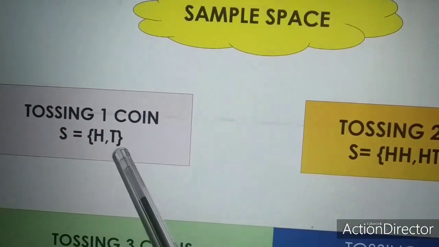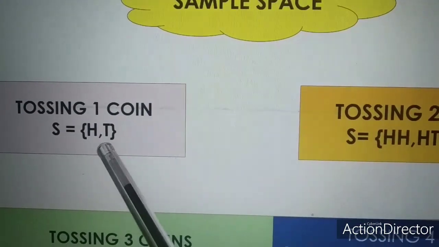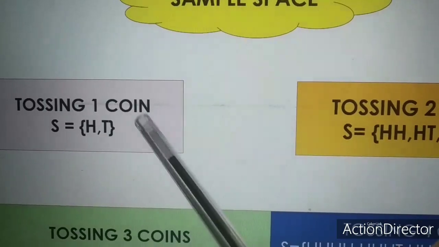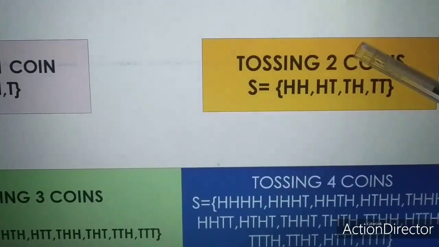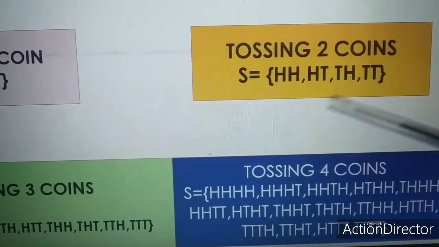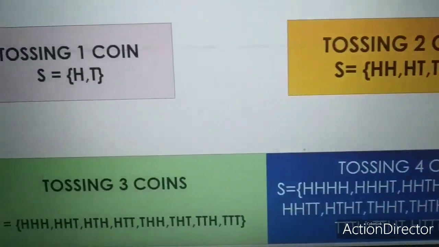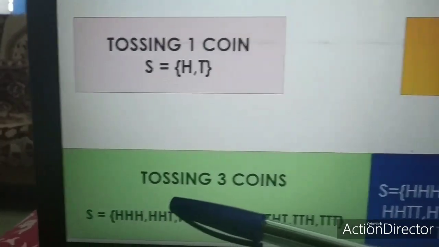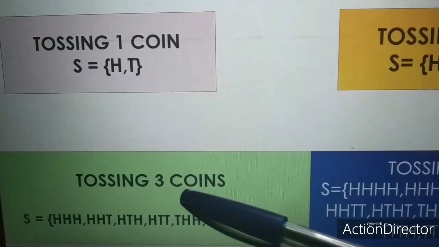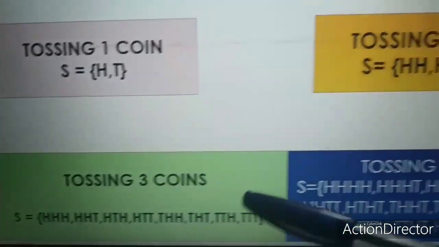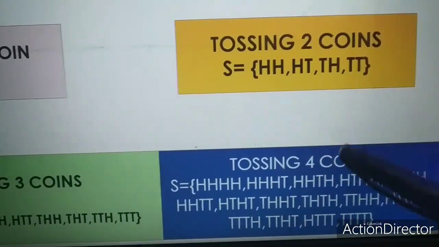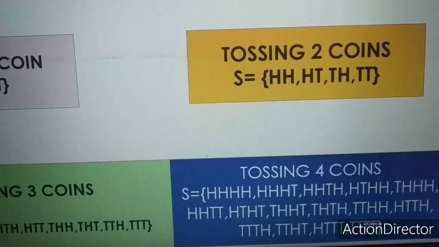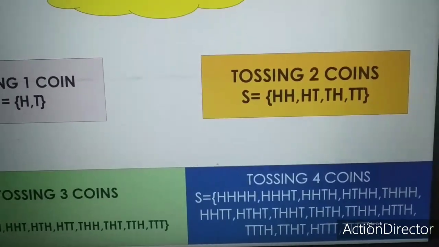Since you get 2 outcomes while tossing the coin one time, we have the formula as 2 power n. When it is tossed 2 times, you have 2 power 2, so you have 4 outcomes. While tossing the coin 3 times, you have 2 power 3, so there are 8 outcomes. And while tossing the coin 4 times, you have 2 power 4, so you have 16 outcomes.